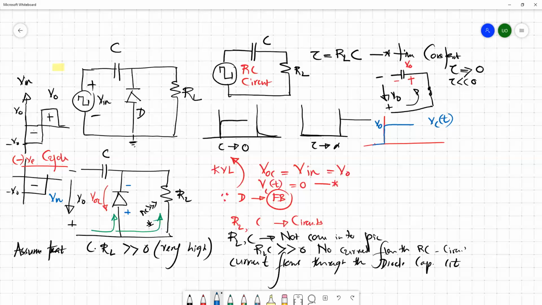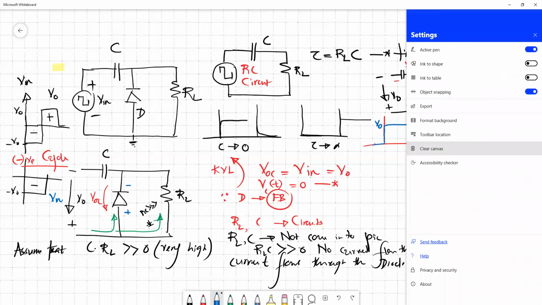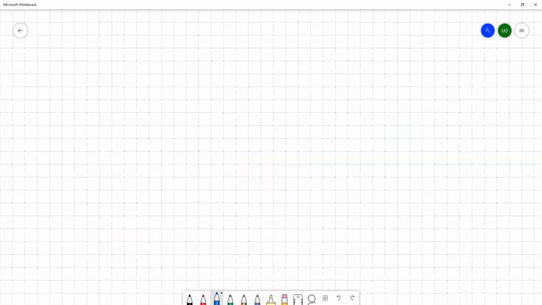Now we'll see what happens during the positive cycle. So let's think about the positive cycle. We apply this kind of signal. Now the circuit is something like that.